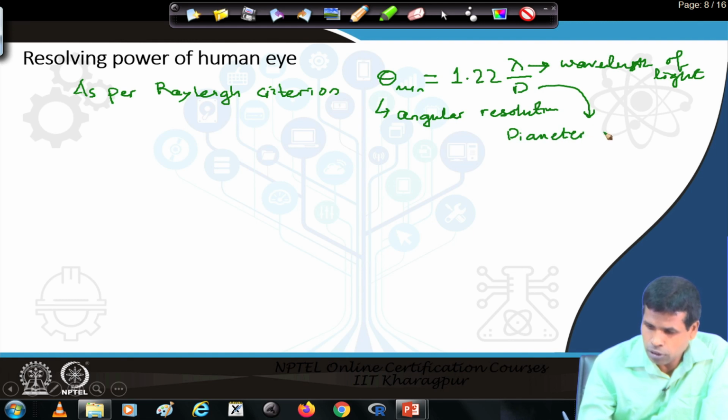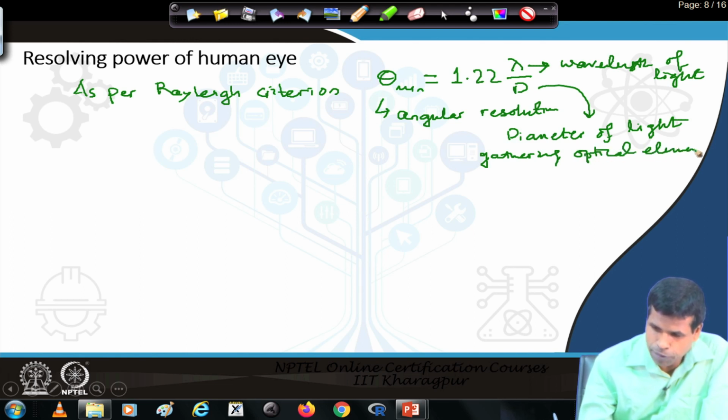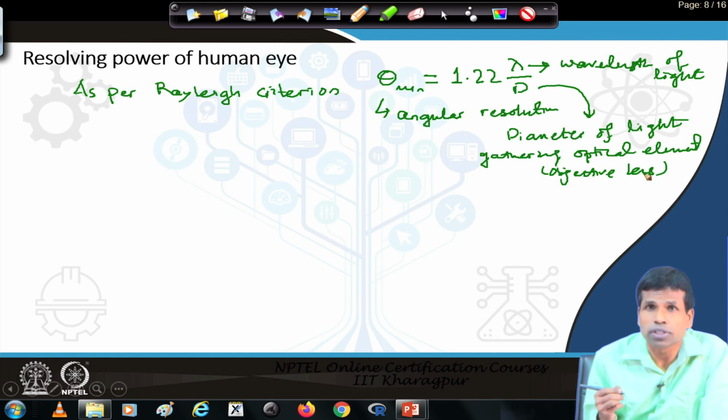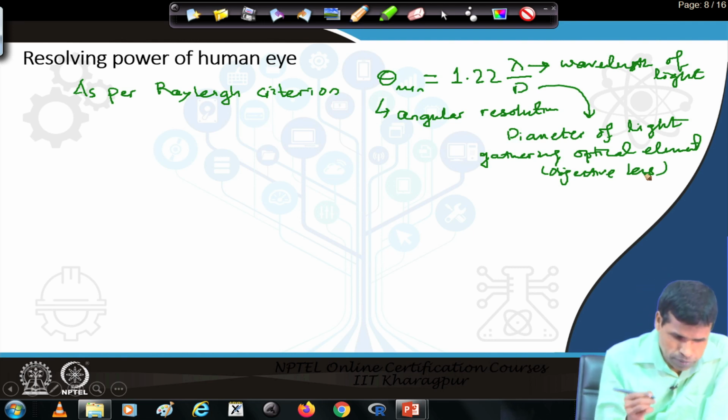Diameter of the optical element, let us say objective lens. This angular resolution theta minimum can be converted to spatial resolution by multiplying with focal length f.